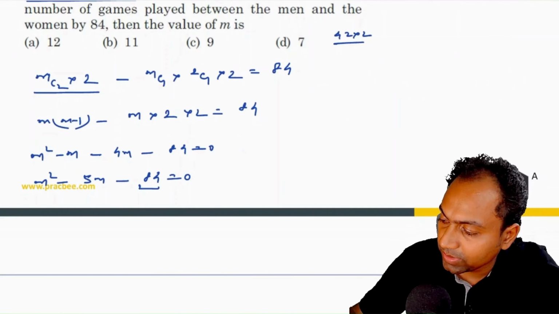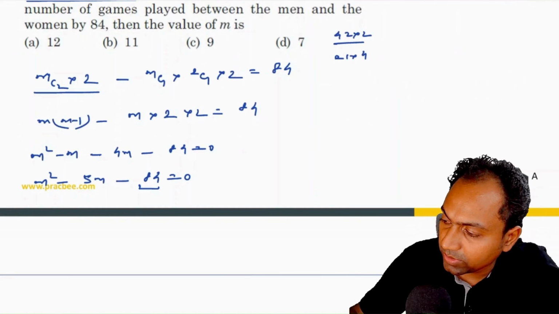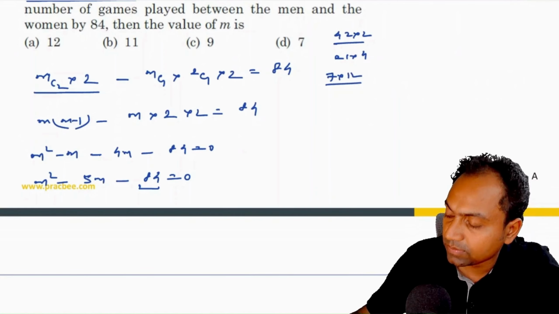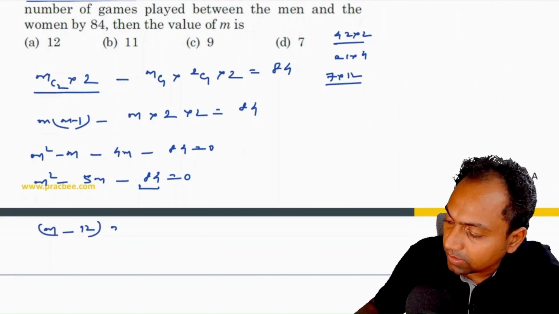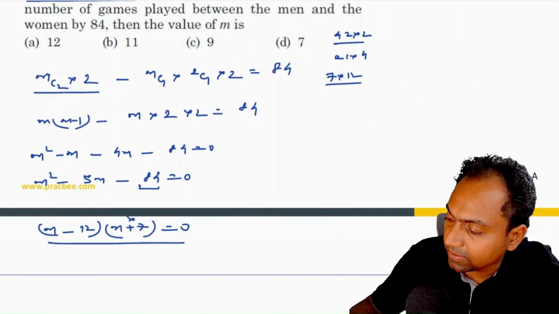It can also be written as 21 into 4, and can also be written as 7 into 12. So I can write this as m minus 12 into m plus 7 equal to 0. Since m cannot be negative, the value of m from here comes out to be 12.